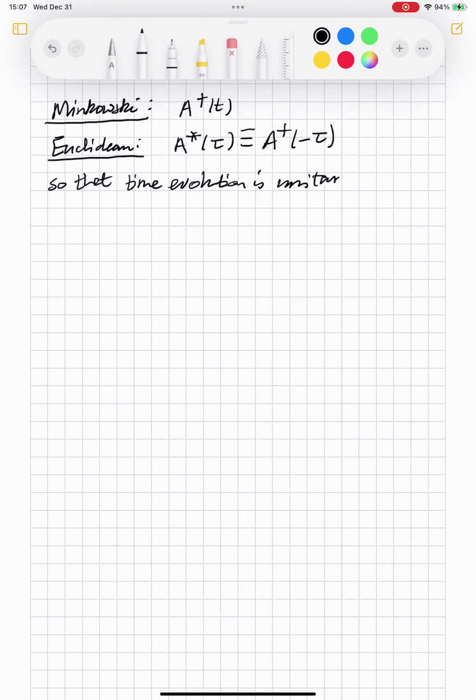Meaning U star of tau was equal to U of minus tau, and that implied that U star of tau times U of tau was equal to the identity. And this was the condition that we needed to preserve the probability interpretation of the theory.